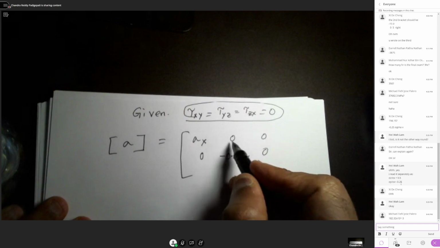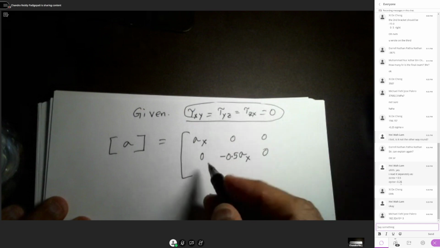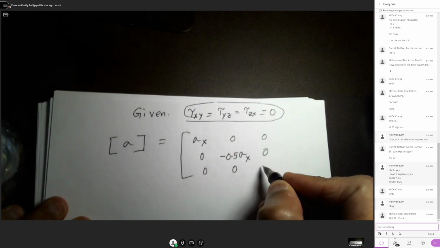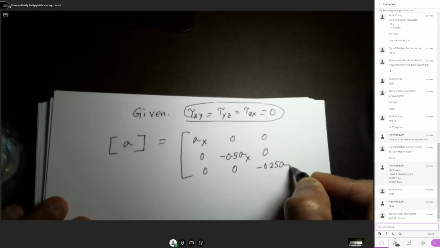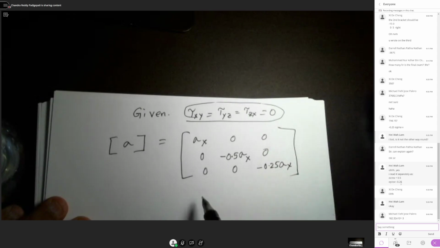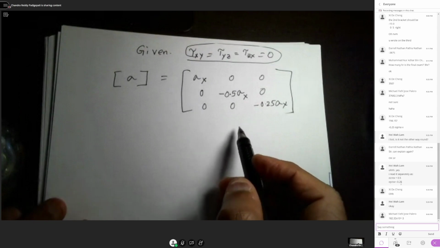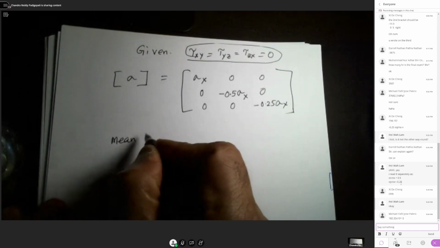The shear stress components are all zero, as given. So we can write the stress tensor in 3 dimensions like this, with everything in terms of the longitudinal stress.